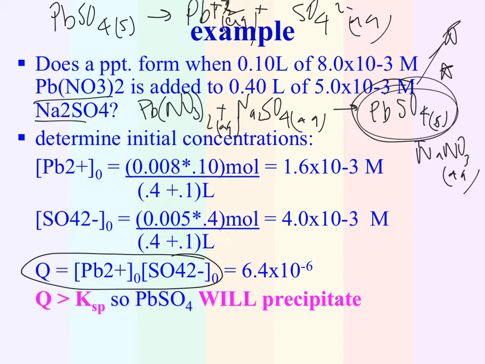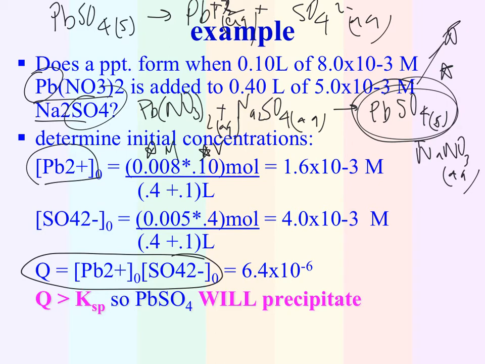If we calculate our initial concentrations of both the lead ion and the sulfate ion, we can subsequently calculate Q. For the Pb2+ ion, I'm going to take my initial molarity and multiply it by the initial volume of that solution that I added, the 0.10 liters.